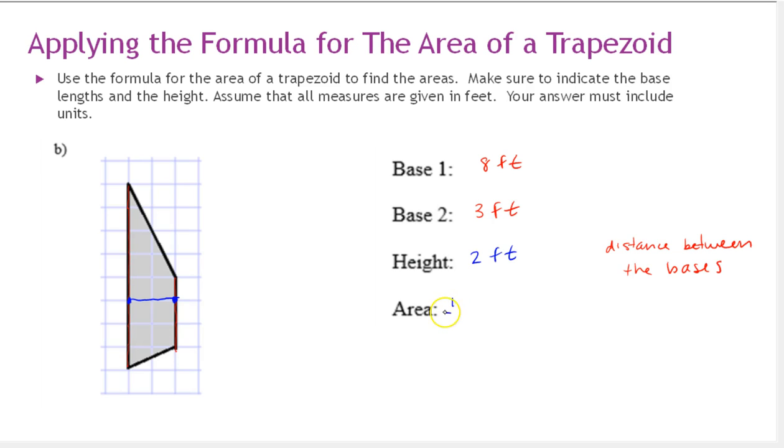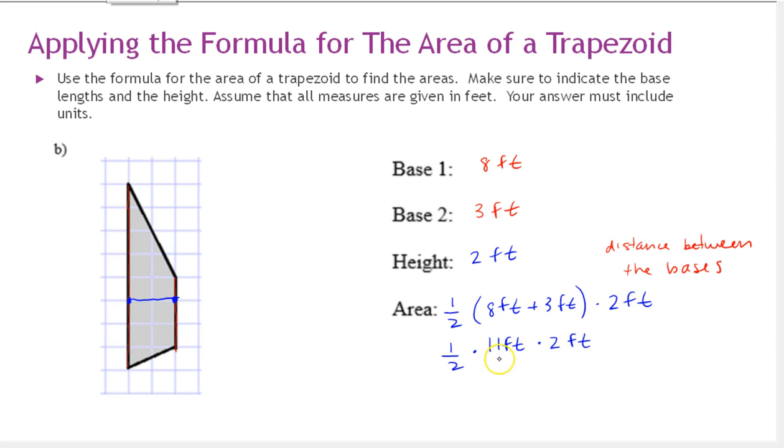Now our area is 1/2 the sum of the bases times the height. First, I'm going to add the parentheses, so 1/2 times 11 feet times 2 feet.